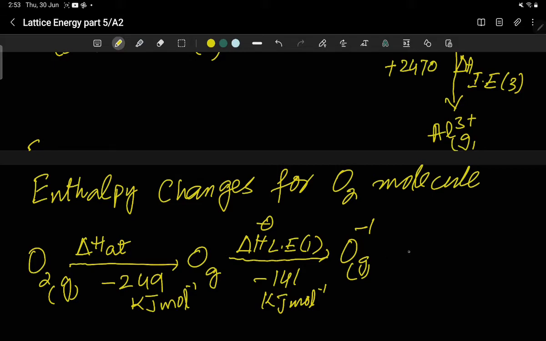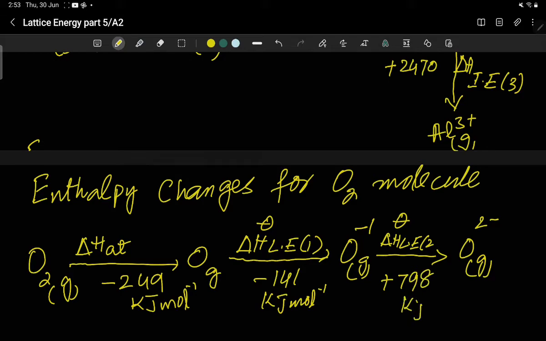And oxide ion changes into O2 minus ion, and it involves delta H lattice energy 2, and it is equal to, this is endothermic, plus 798 kilojoule mole inverse 1.